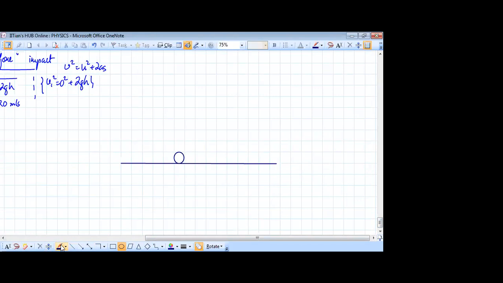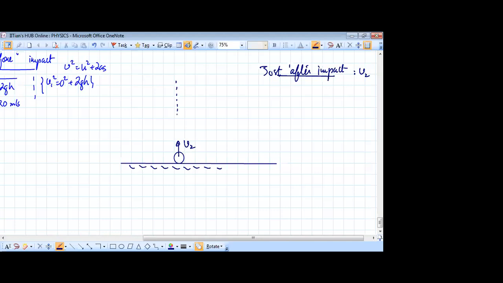So just after impact, the velocity is V2.